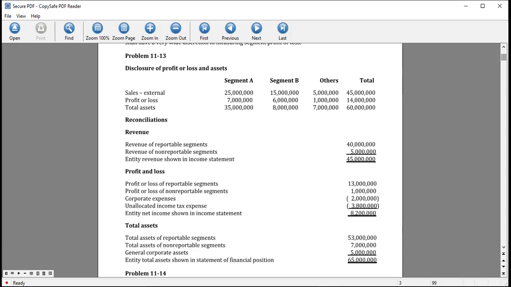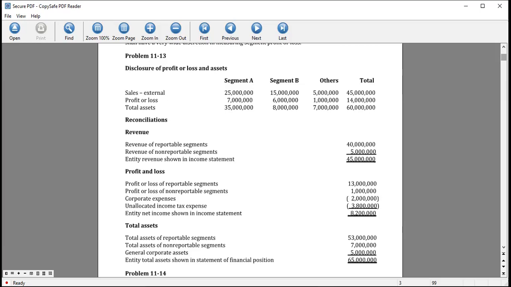And we have the income before income tax of 12 million, the income tax of 3.8 million, so net income of 8.2 million.